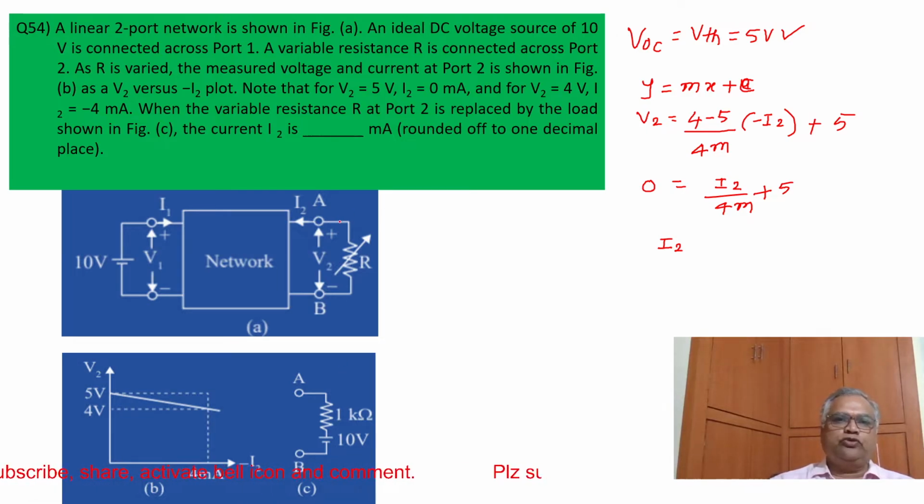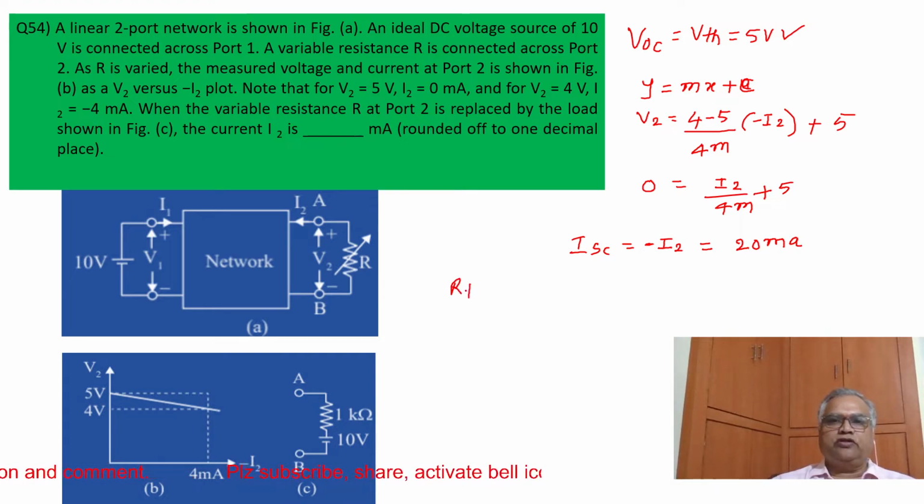Here I2 is going inside, but the short circuit current will be outside. That means ISC is nothing but minus I2. So what is minus I2 value? Here 5 is coming to this side. So 5 into 4, 20 milliamps. Minus I2 value will be 20 milliamps.